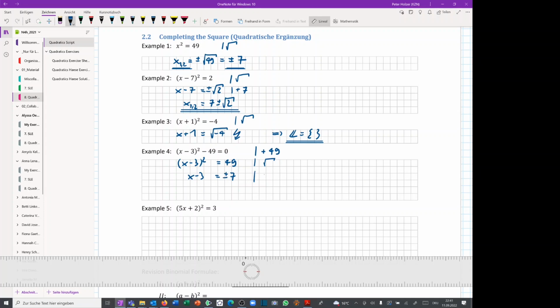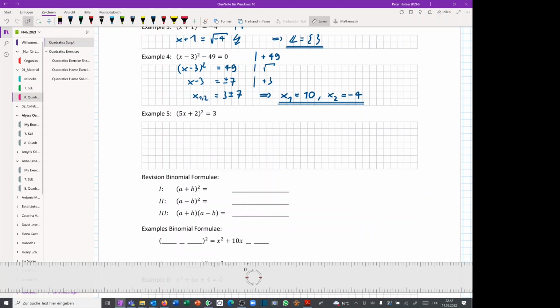Then we add 3, so we get x1,2 equals 3 plus minus 7. And this is obviously not a final result. We have to finalize that. So x1 is 3 plus 7, which is just 10. And x2 is 3 minus 7, which is minus 4.